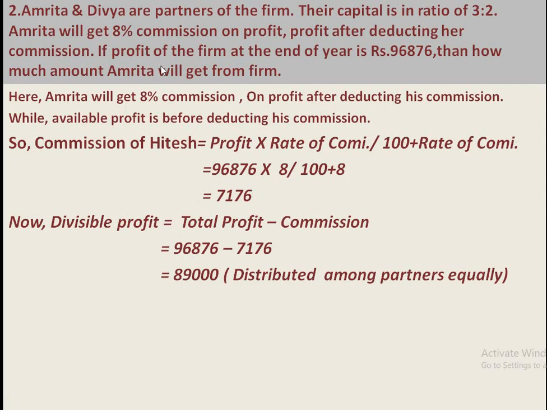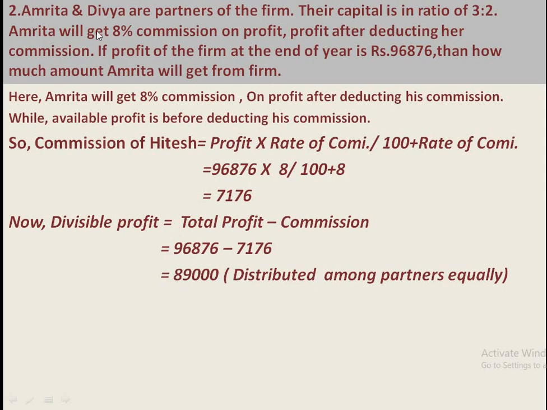For it, very first we are looking for divisible profit. I have already told you that the profit which is left at last after considering all expenses and incomes, which is distributed among the partners, is called divisible profit. So the total profit was 96,876. Out of it we are giving 7,176 as commission to Amrita, payable to her. So the remaining 89,700 will be distributed among the partners.